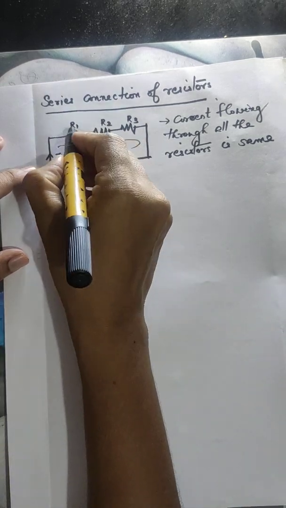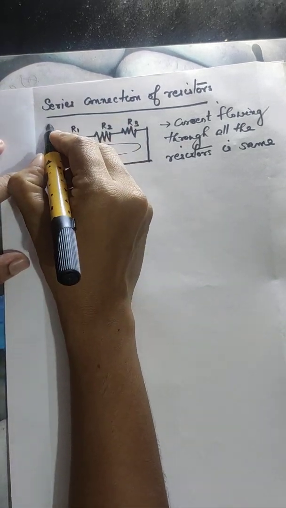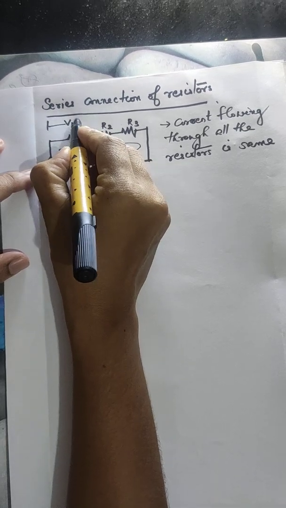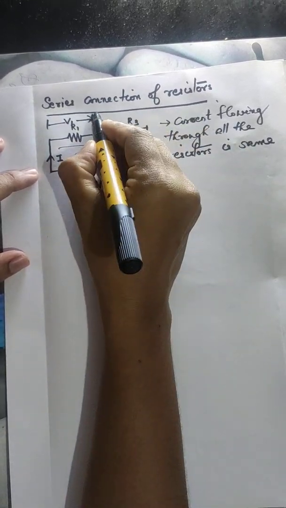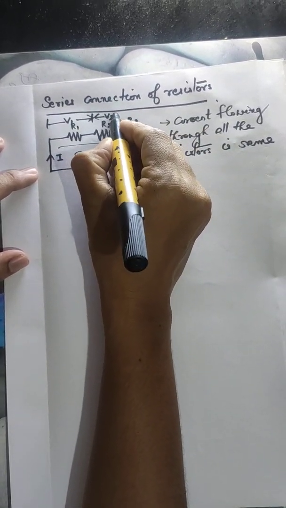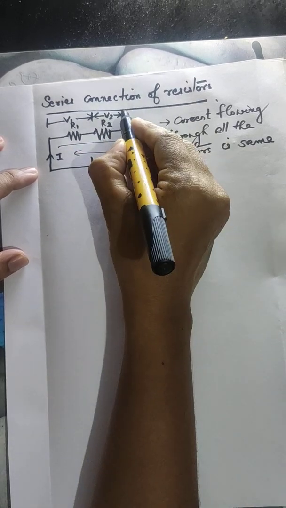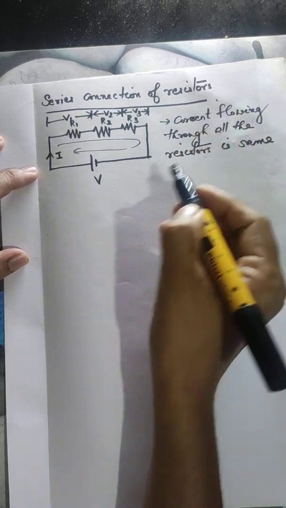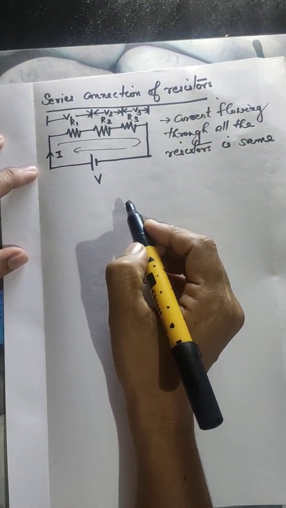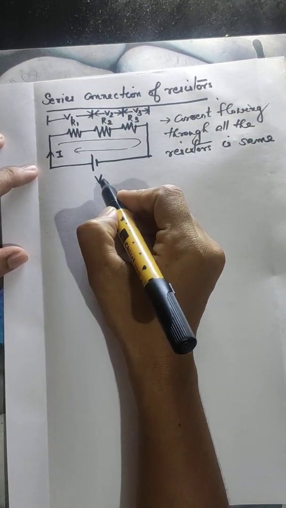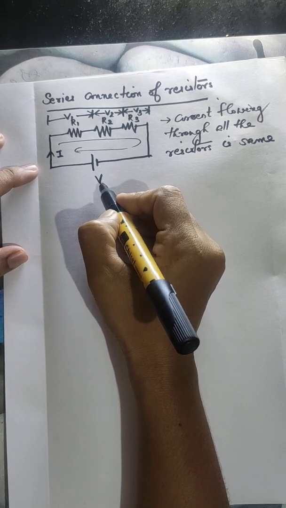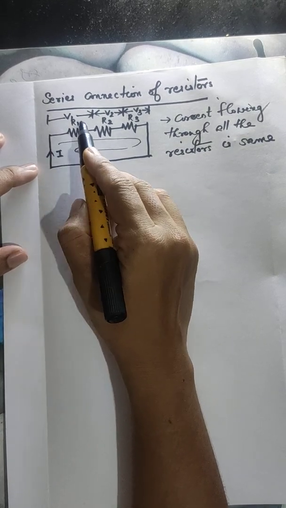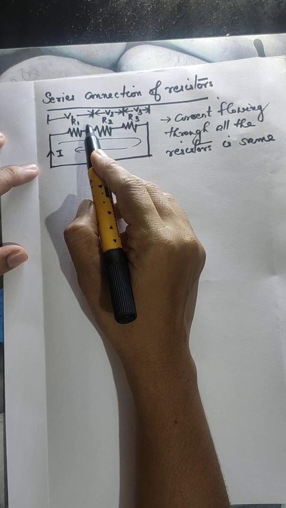And let V1 be the voltage appearing across resistance R1, V2 be the voltage appearing across R2 and V3 be the voltage appearing across resistor R3. So here even if we have a single voltage source V, different voltages will appear across the resistors.